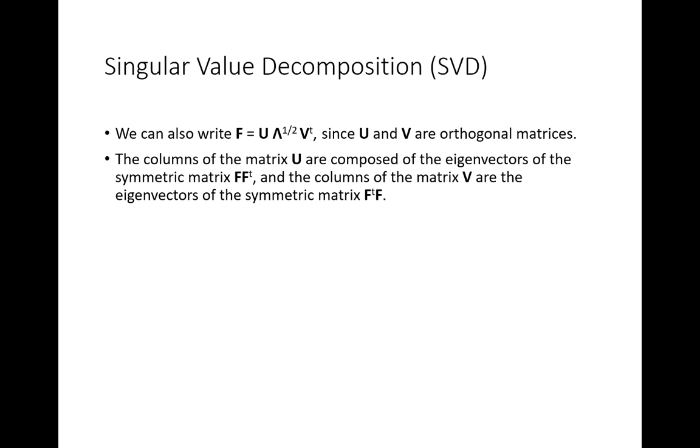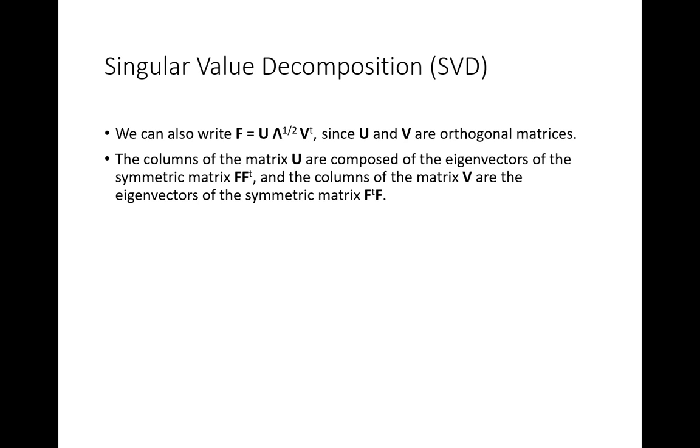So you start with matrix F, and by taking the matrix product F F transpose, you end up with a symmetric matrix, and for that symmetric matrix, you can compute the eigenvectors and eigenvalues. Similarly, you can take matrix F transpose F, which is again a symmetric matrix, and extract its eigenvectors. You will use those eigenvectors to form matrix V.